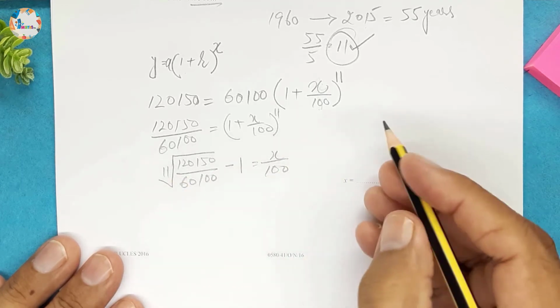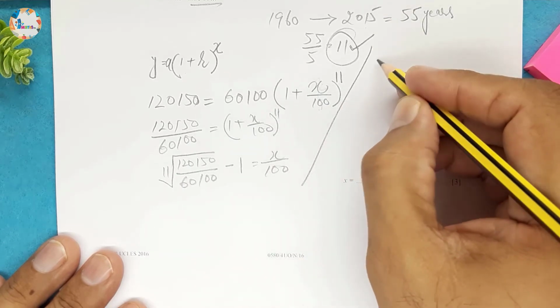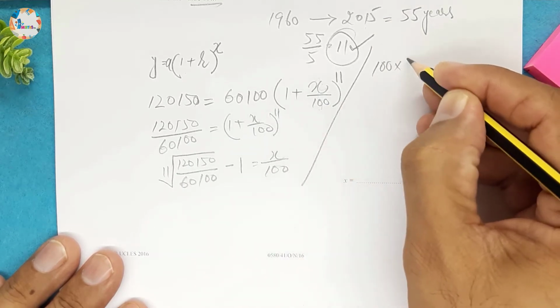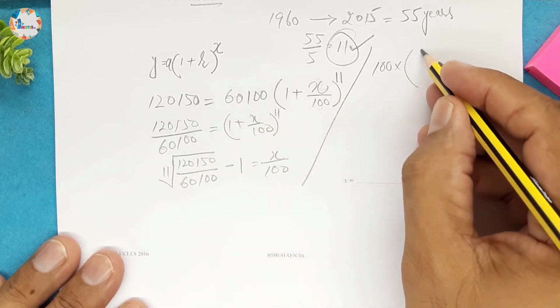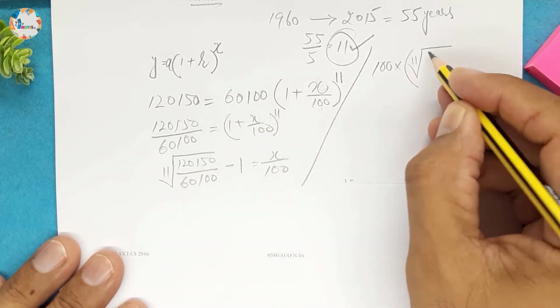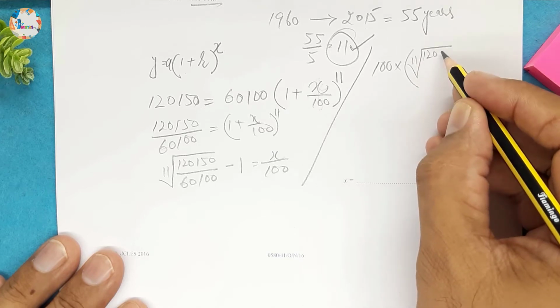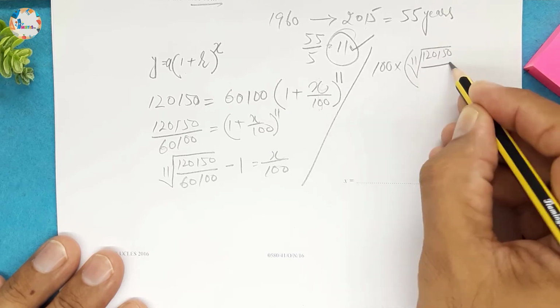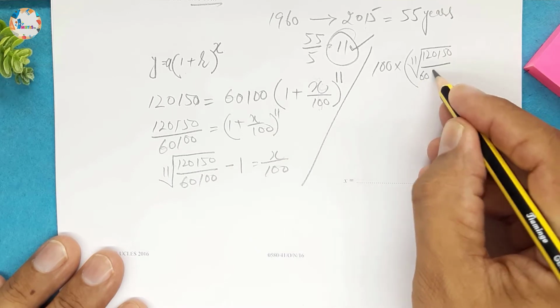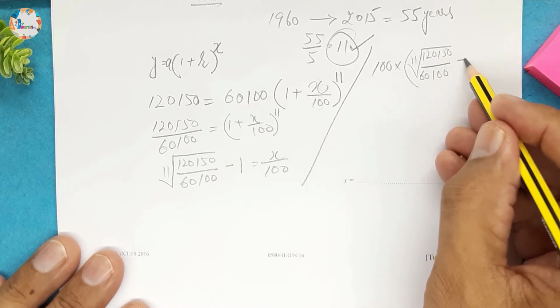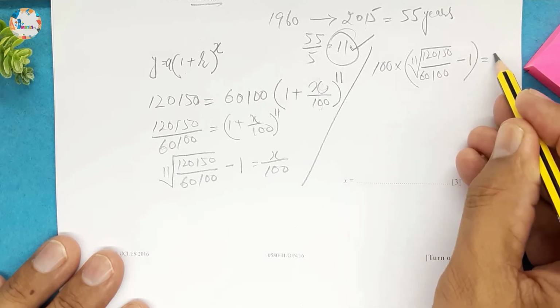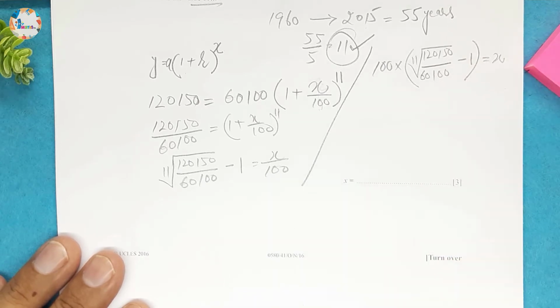Now 100 also we can shift to this side, so this will be 100 multiplied by this one. I'll put in brackets, so this will be the 11th root of 120,150 divided by 60100, and then minus 1, and this will be equal to X. We need to calculate this.